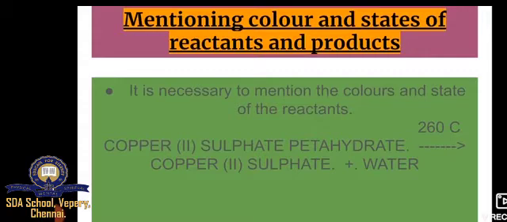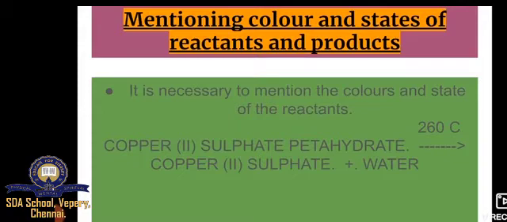First step, we have to find out the color of the reactant, then which state that reactant belongs to, either solid, liquid or gas, as well as the product. When the reactants are combining, finally we are getting a product. For the product also, we need to find out the color and what state the product belongs to. It is necessary to mention the color and state of the reactants.